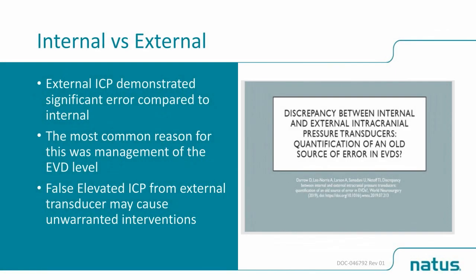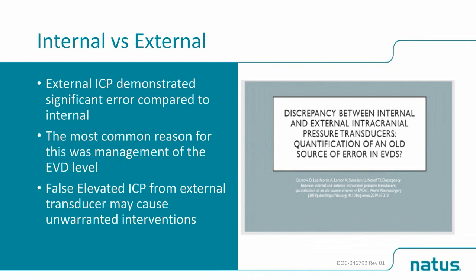There has been a recent study done out of Hennepin County Medical Center in Minneapolis on the differences in accuracy between the two types of transducers. Over 500 hours and 33 million data points were captured on severe TBI patients with both internal and external transducers.